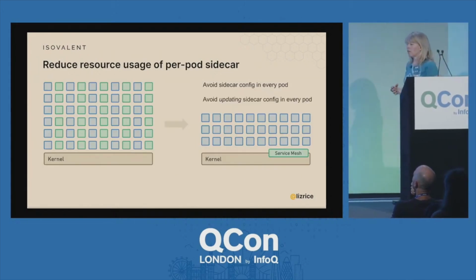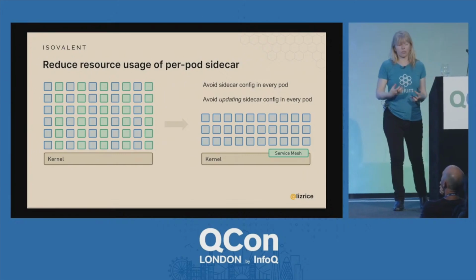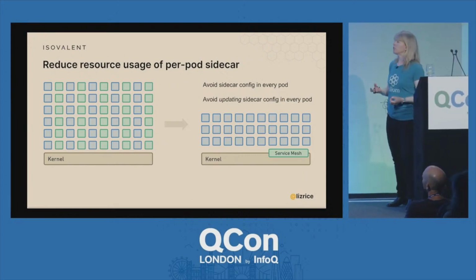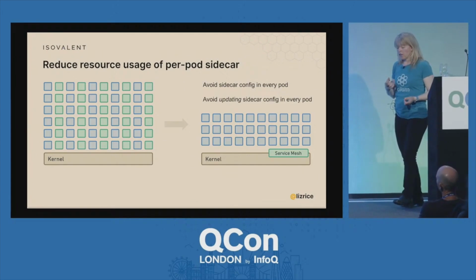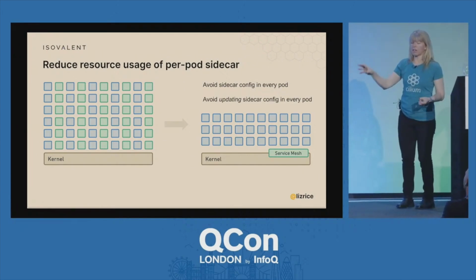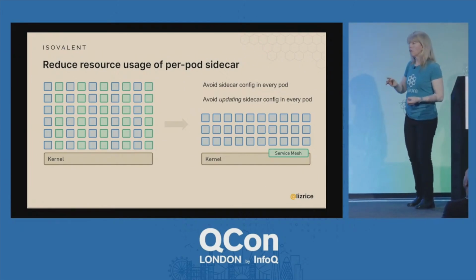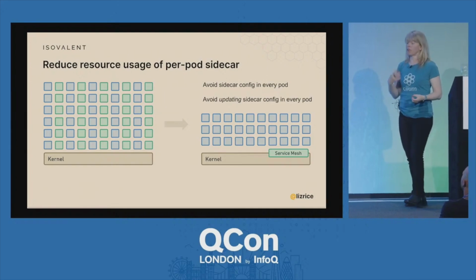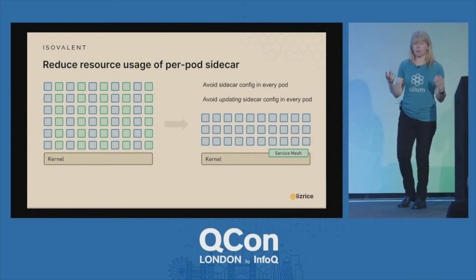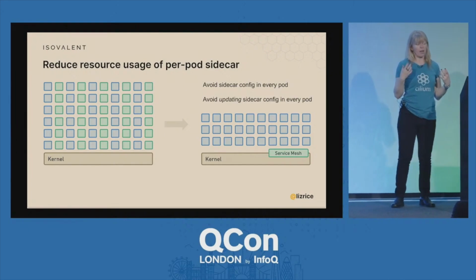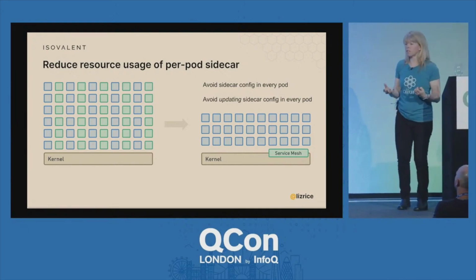And avoiding sidecars also allows us to reduce resource usage. So if you have a sidecar in every pod, they probably have some kind of configuration information. Think, for example, about a network proxy for a service mesh.